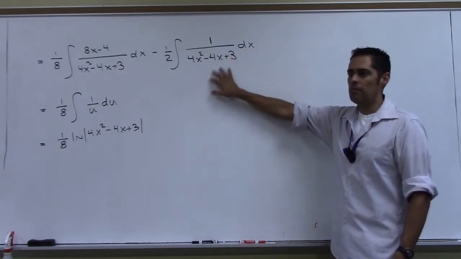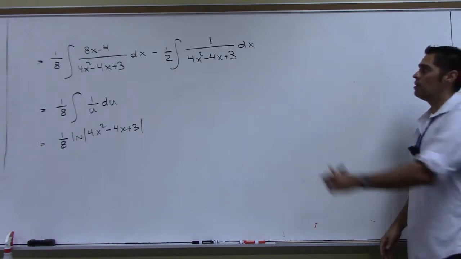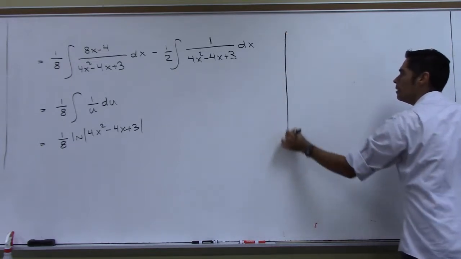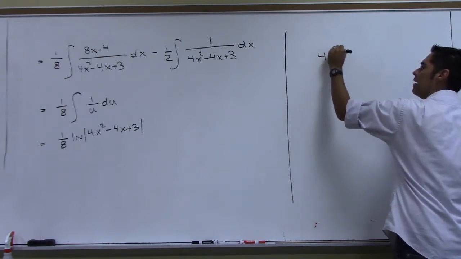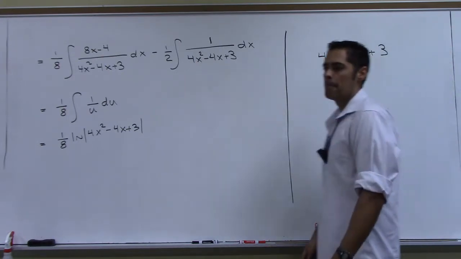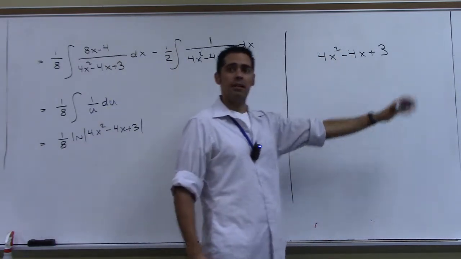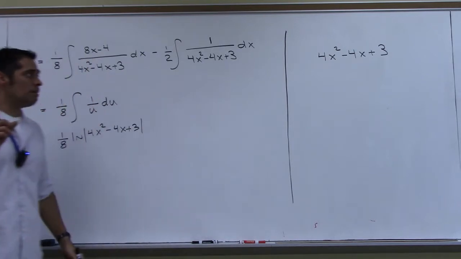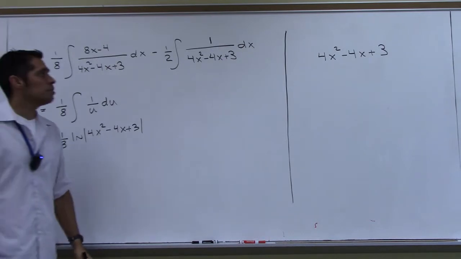Okay, this one, you said I had to complete the square, right? So let me do that over here. To complete the square, we first write out the quadratic that we're working with. I always like to say put it in descending order, highest power of x down. And then always to start, make sure what? There's a 1 in front of x squared, which we have a 4.